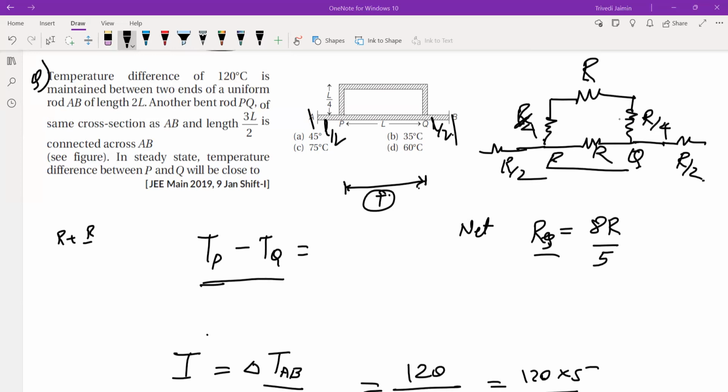Yes, Adesha. What was this PQ value? Total resistance of this PQ. Nobody wrote or what? Shruti, did you write?